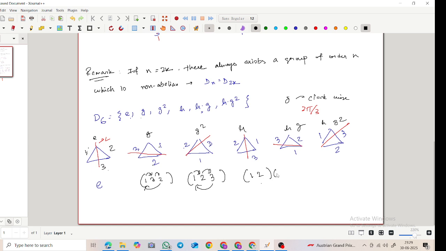That's it. You see 3 is separate, 3 is unharmed, fixed. So you see this is 1, 2, 3. And what is this? 2 is fixed, so 1, 3. And what is this? 2, 3. Exactly.